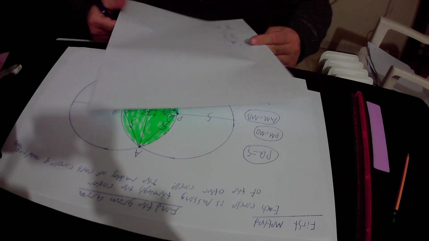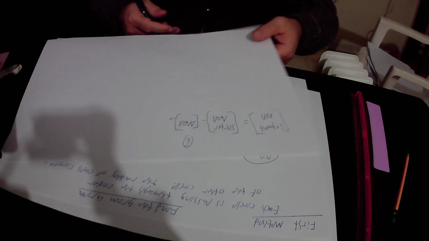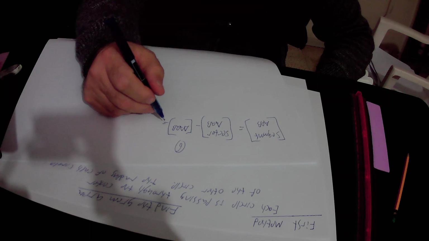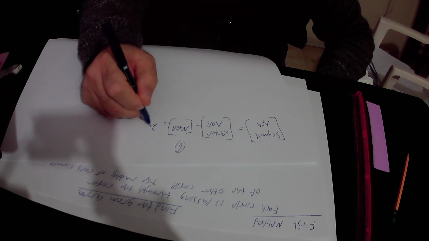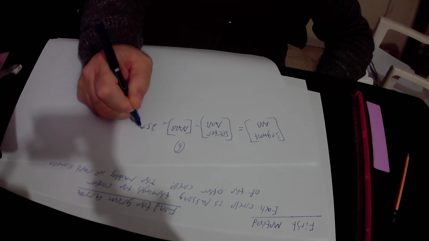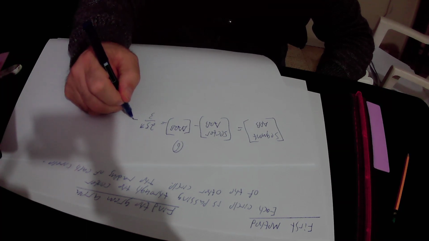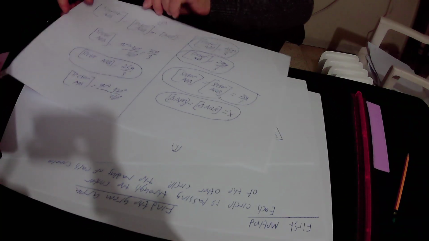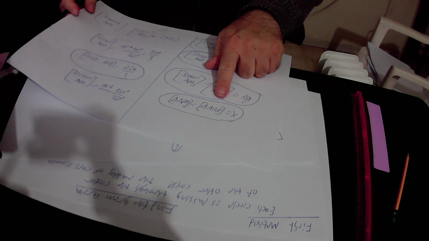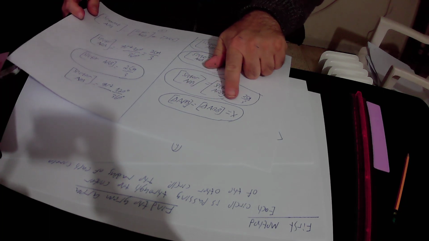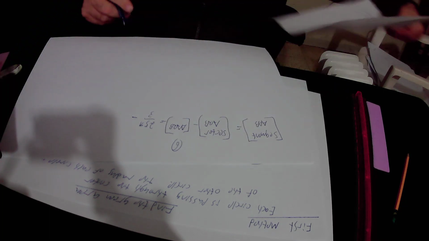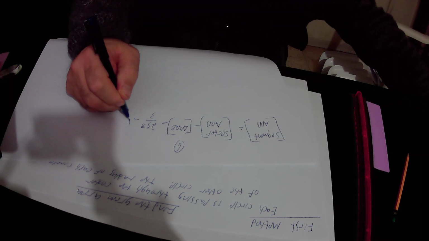So the area of sector AQB, we have already found out that it equals 25 pi over 3 square units, and the area of triangle AQB is equal to the area of triangle APB, and it equals x.